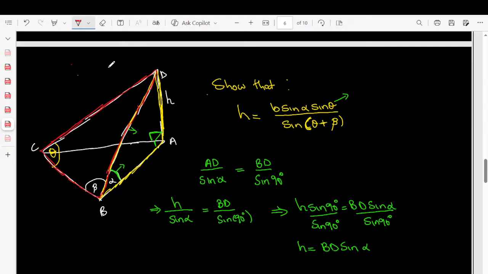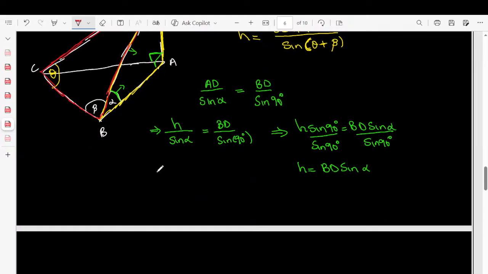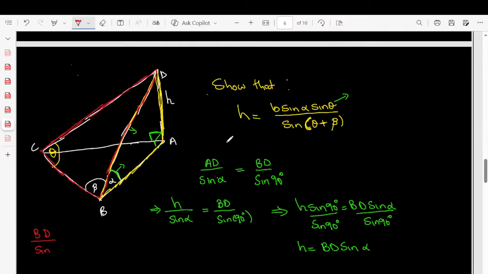Okay, let's do this. Let's work on this. So I'm going to say, if I use that triangle, I will say BD, which is what we are looking for, all over the sine of the angle that is opposite to that side, and that angle is theta. So this will be the sine of theta.